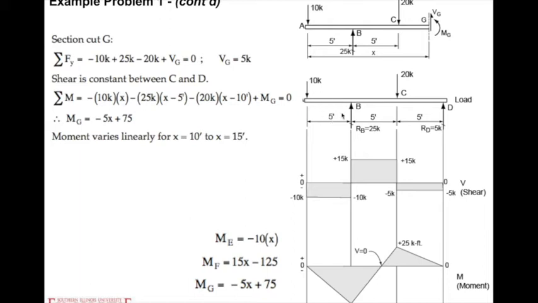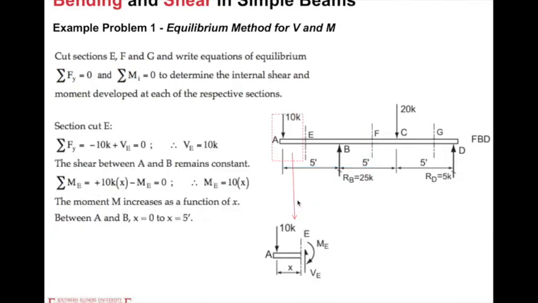If we look at the AB segment, we have a downward concentrated load of 10K applied at point A. That means if we have a cut somewhere here, the left side should be lower than the remaining right portion. So the sign convention for the left portion is negative. That is the reason it is negative 10K instead of the 10K we solved here. We solved it as positive because we assumed it along the y direction.